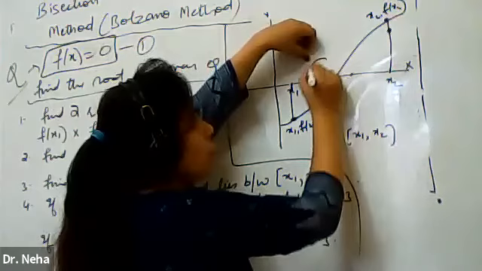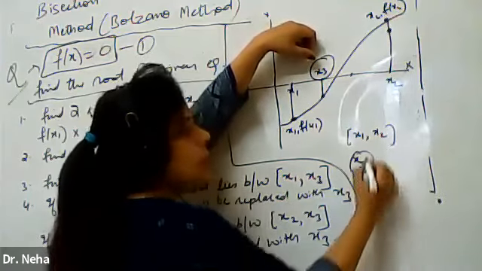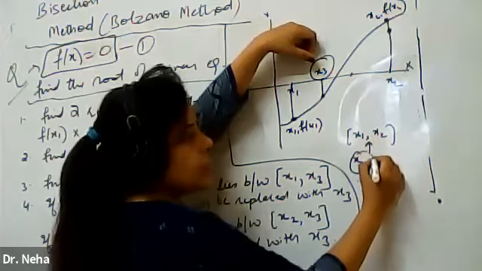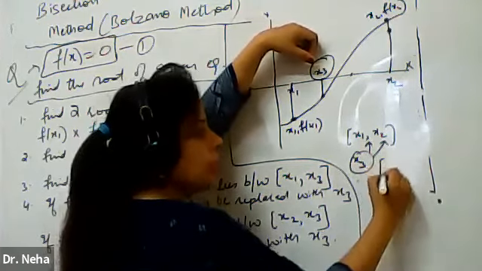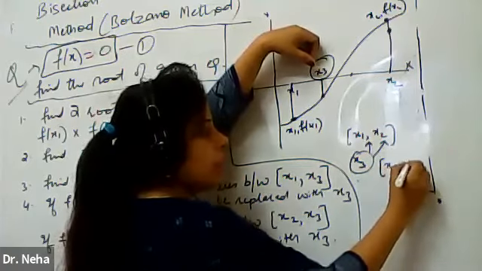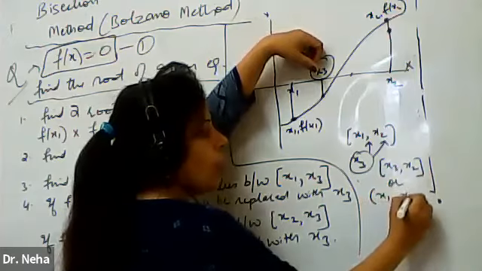Now, we have to use this x3. This x3 will either replace x1 or x2. That means the new search interval will be either x3 comma x2 or x1 comma x3.